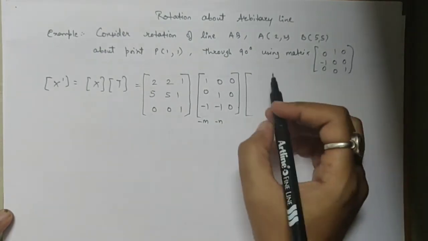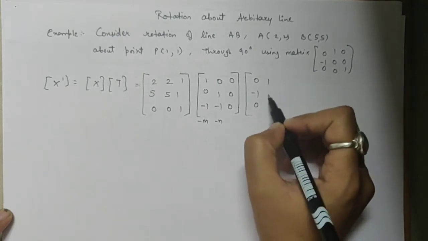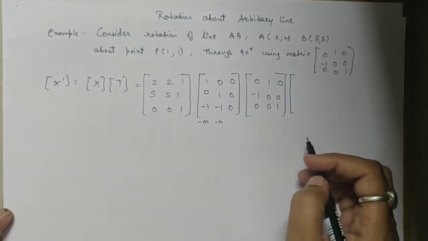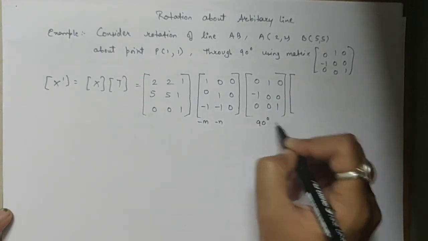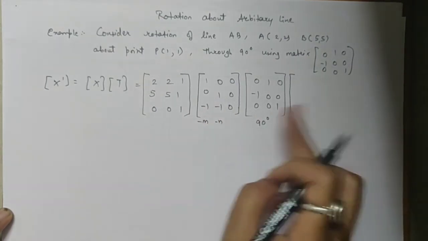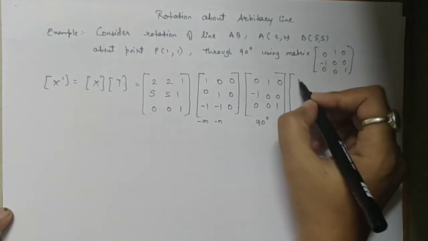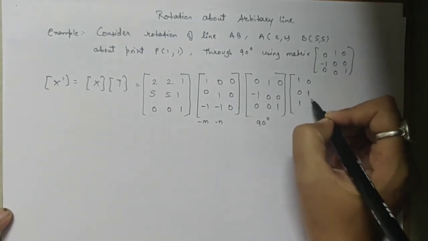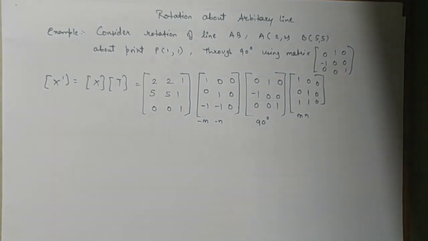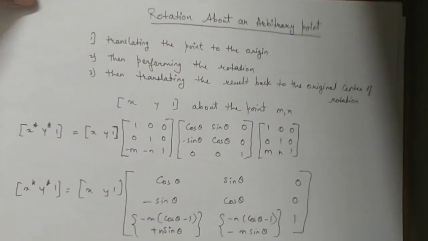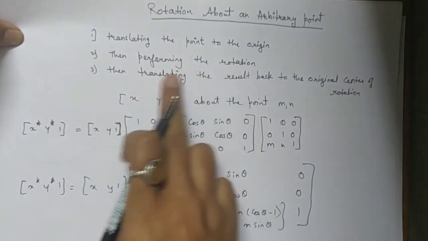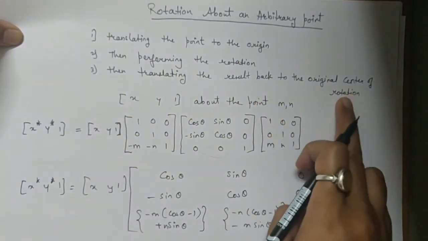Next is the rotating matrix, which is already given. This is the matrix for 90 degrees. Then the third step is translating the result back to the original center, so this sign will be changed to plus: 1, 0, 1; 0, 1, 1; 0, 0, 0. So in the arbitrary point rotation, first we translate the point to the origin, then perform the rotation, and then translate the result back to the original center of rotation.